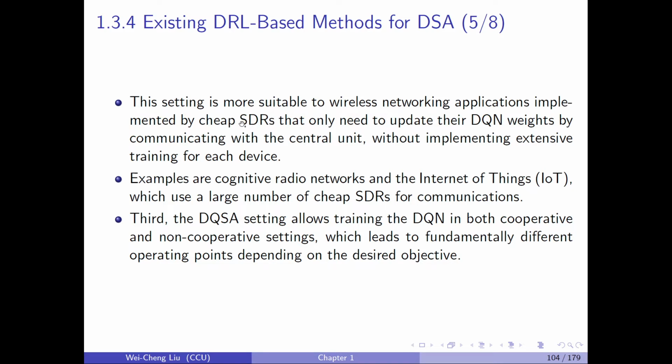It is the software-defined radios that only need to update their DQN weights by communicating with the central unit without implementing extensive training for each device. Examples are cognitive radio networks and the Internet of Things (IoT), which use a large number of cheap SDRs for communications.